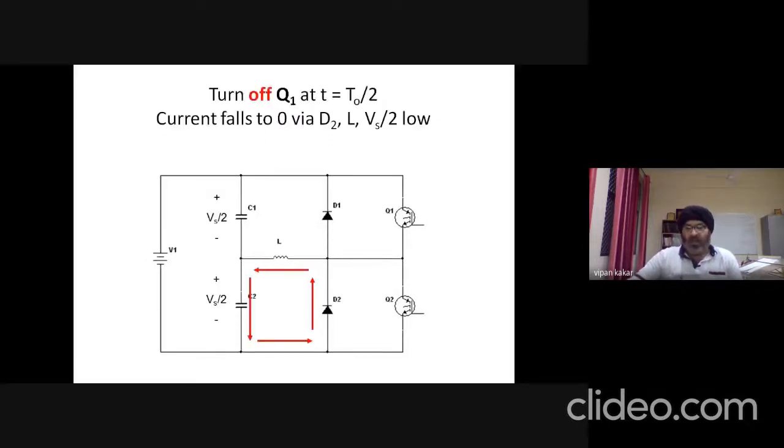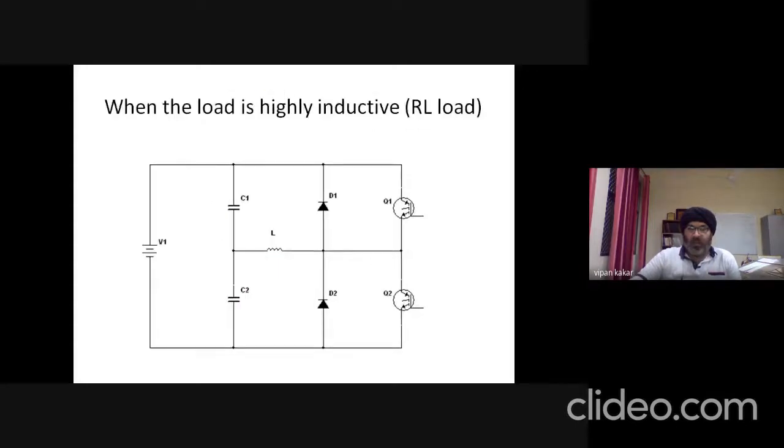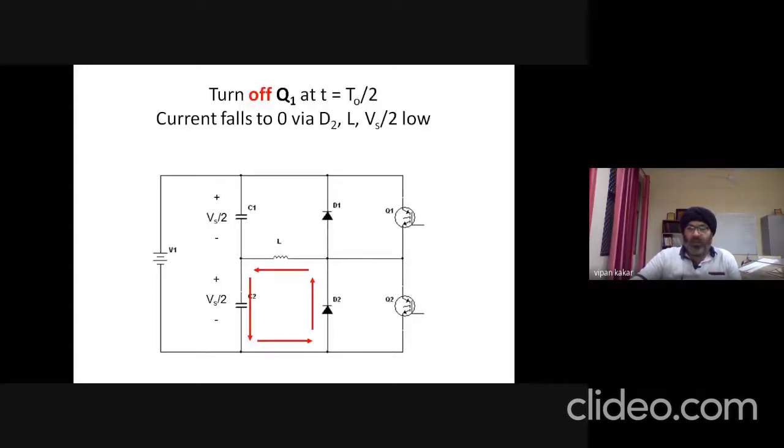Okay, now considering the load to be inductive, now we need to turn off these two switches. So when this switch Q1 was turned on, the current follows this path and the inductor is energized, or the current has ramped when Q1 was turned on.